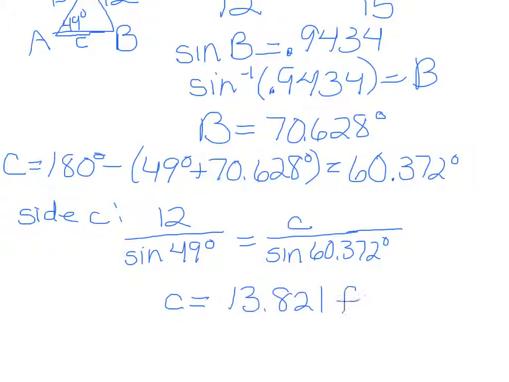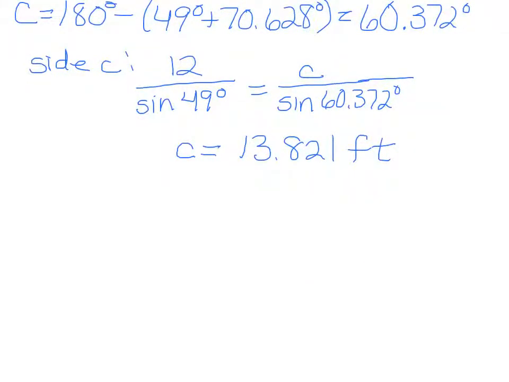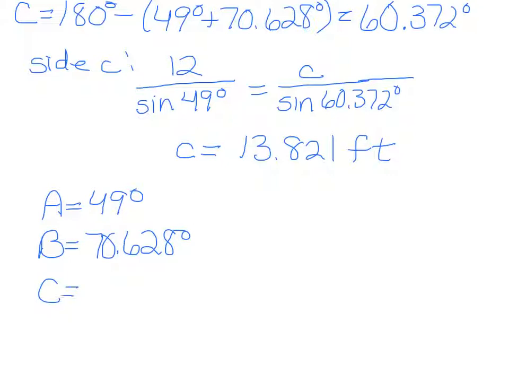When I do the proper calculation on that, I find that side C is 13.821 feet. Okay, so let's check this for reasonableness. Let's line up all our facts that we've discovered. We know that angle A is 49 degrees. Angle B we found was 70.628 degrees, and then we said therefore angle C must be 60.372 degrees.